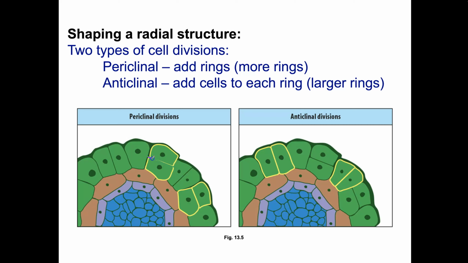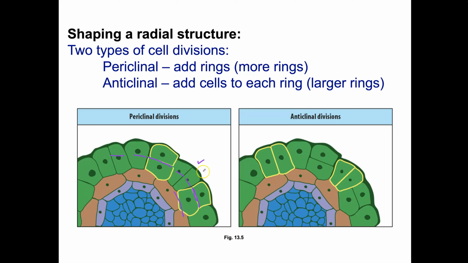So when cell division is happening, the plane of division is oriented so that one of the cells is close to the inner layer and the other one's on the outside. When all of the cells have done this, you have an additional layer on the outside.